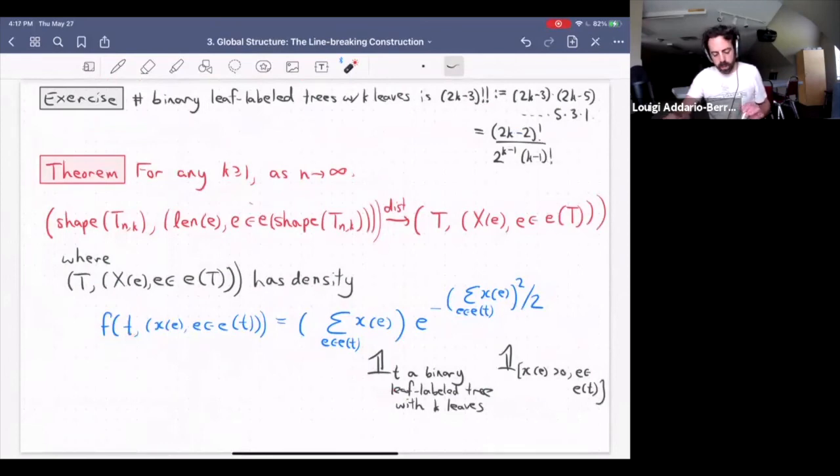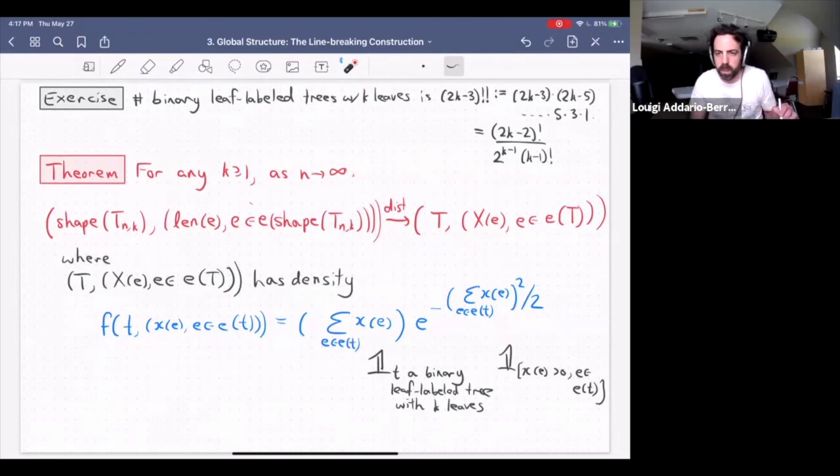The density enforces that, but it doesn't say anything else about what shape we're likely to see, which means the shape is equally likely to be any binary tree with k leaves.